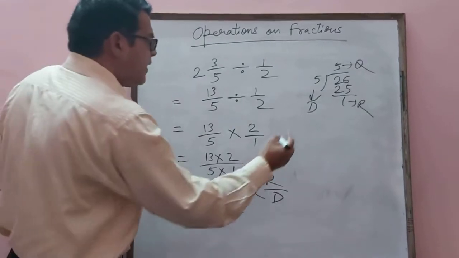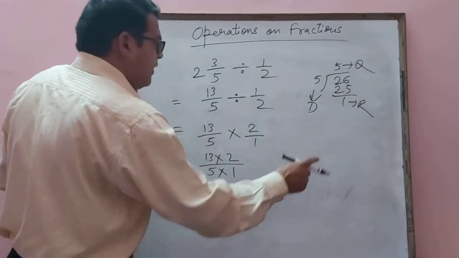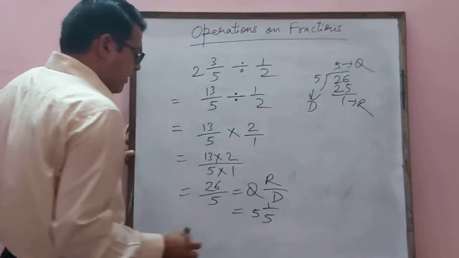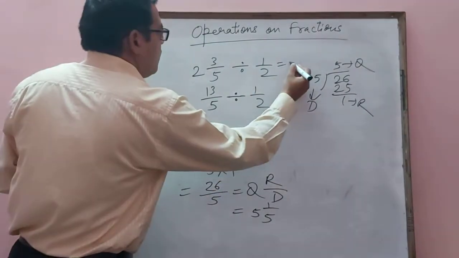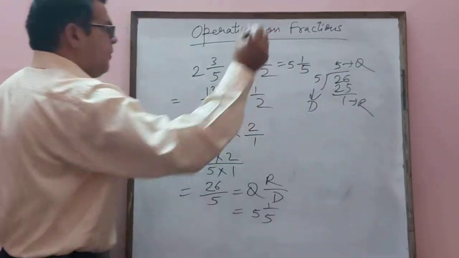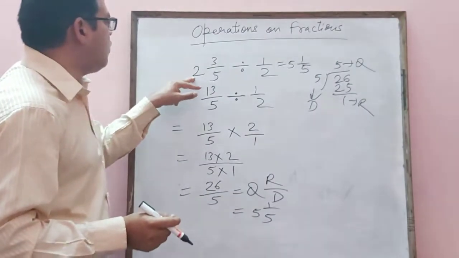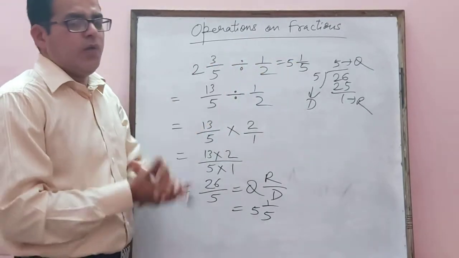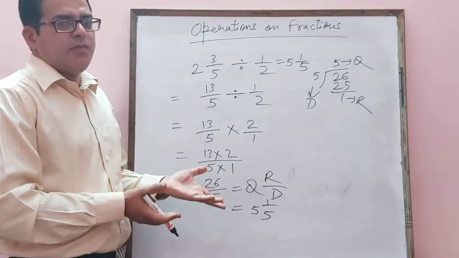So quotient is 5, remainder is 1 and divisor is 5. So we can write here 5 whole 1 by 5. It means if we divide 2 whole 3 by 5 by 1 by 2, we have 5 whole 1 by 5. This is very simple, very interesting.